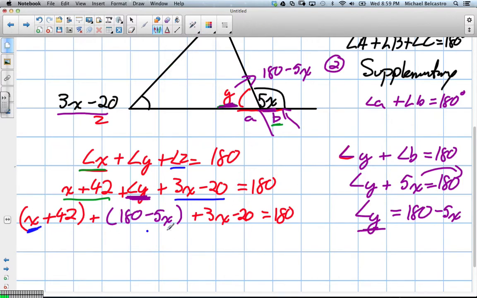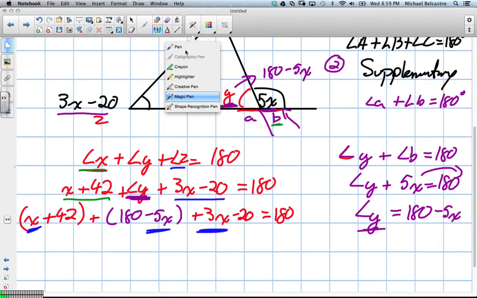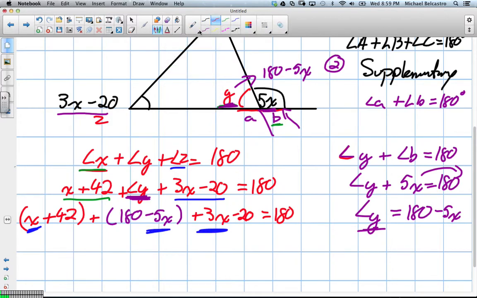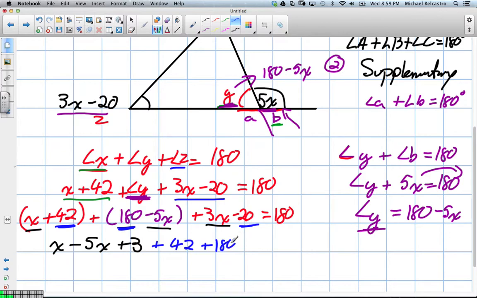We're going to have x minus 5x plus 3x, and 42 plus 180 minus 20, all equal to 180 now.